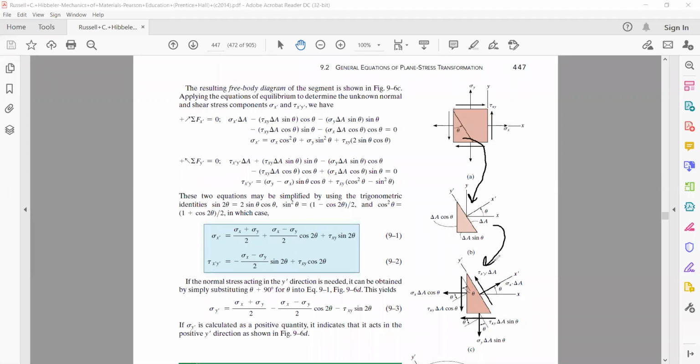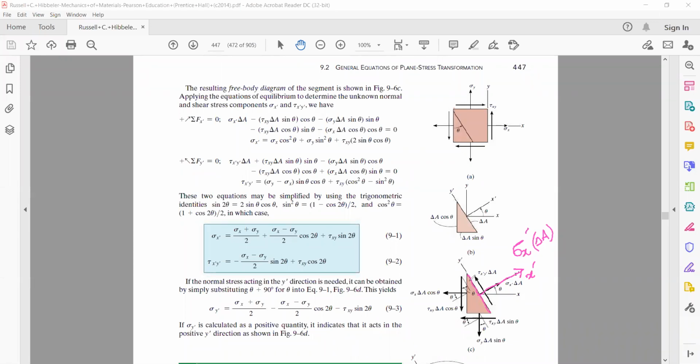Along the new x prime axis, the stress acting is sigma x prime, which I have to find. How much will the force be? Stress multiplied by area, delta A. This will be the normal force acting on this area.